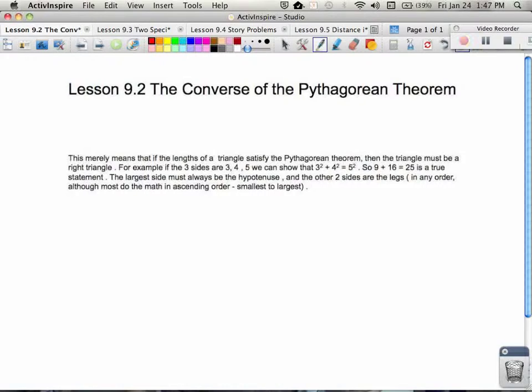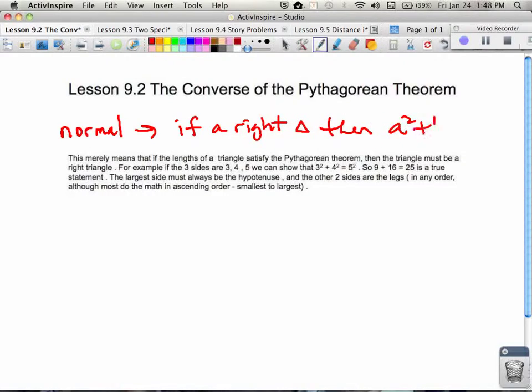So if I write it for you, this is the normal way the Pythagorean theorem is read. What I meant is, if a right triangle, then a squared plus b squared equals c squared.